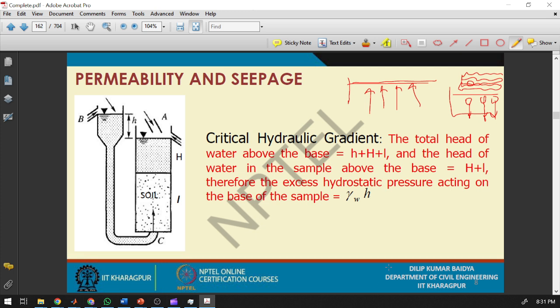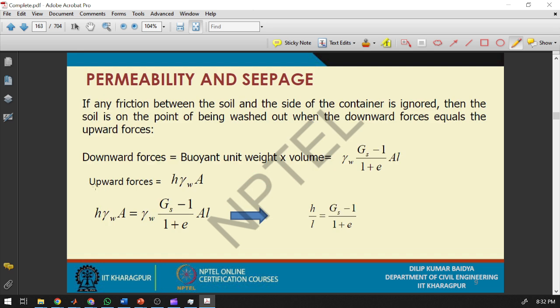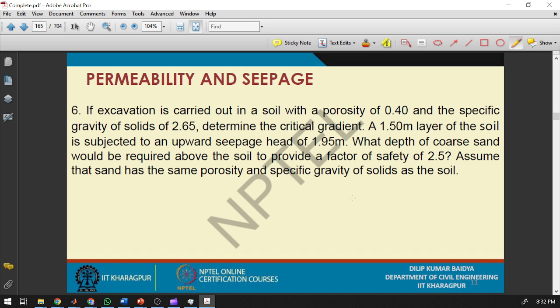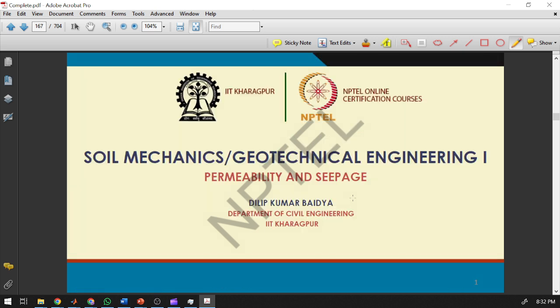This is an example of the critical hydraulic gradient, which is the minimum gradient required for the soil to flow. So downward force is buoyant unit weight into volume. Upward force is the seepage force, and we equate them, and from there we can get the critical hydraulic gradient. The hydraulic gradient should not be as high as the critical hydraulic gradient, otherwise we will have failures like piping failures or liquefaction.